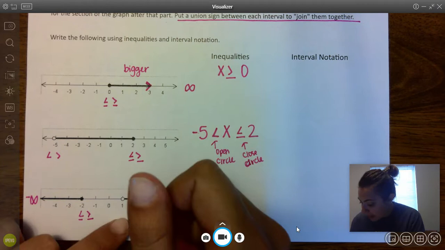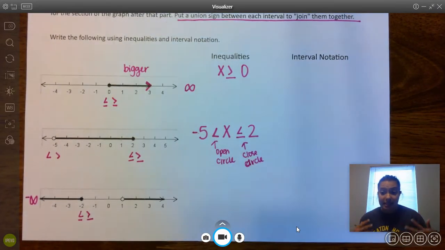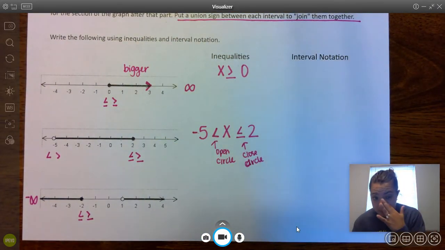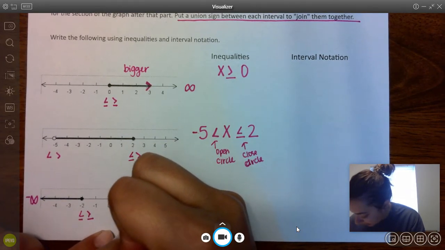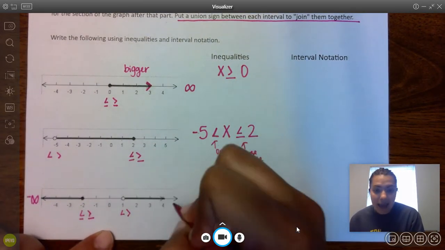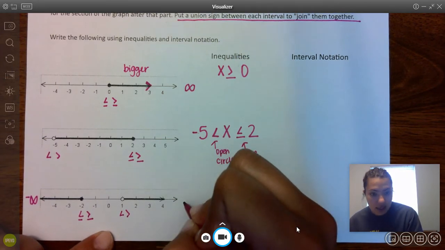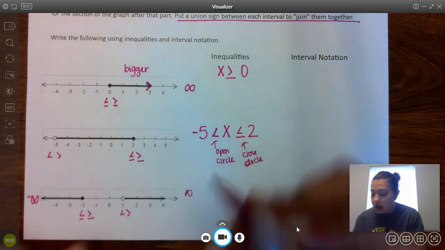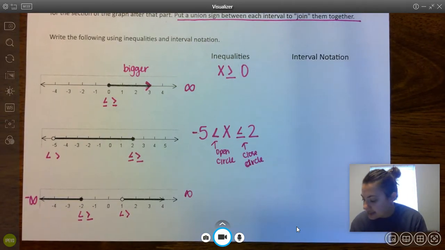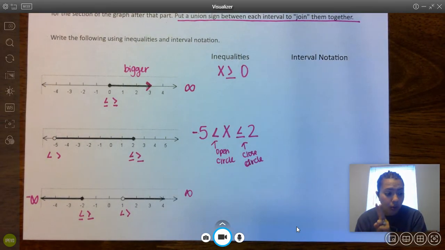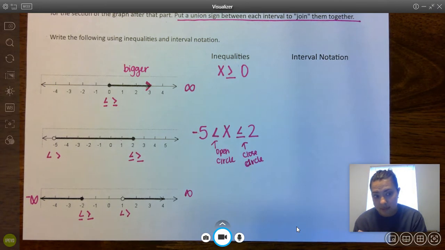And then it starts back up again here at 1. So there was this gap. Okay. And then we have this open circle, which would be less than or greater than. And as we head to positive infinity, we know we're getting bigger, right? So this is actually an example of two separate inequalities, okay?